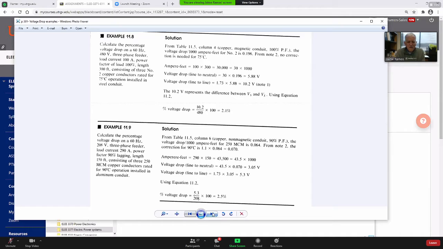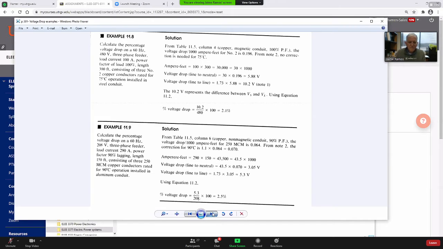And then remember, the rule is no more than 3% voltage drop in a branch circuit, and that goes up to 5% including the feeder.